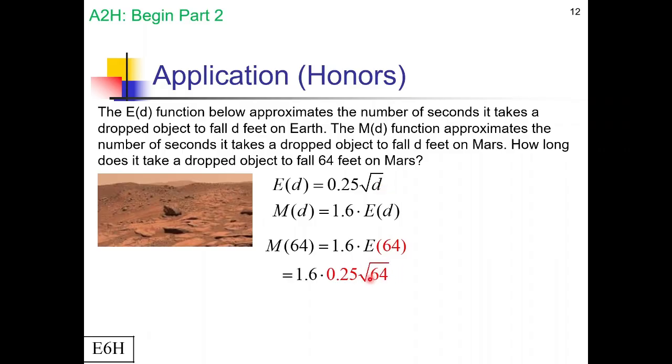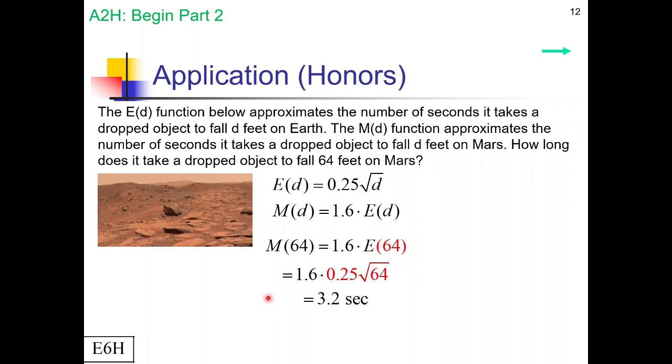All of that. And you actually could do this without a calculator. Square root of 64 is 8. 8 times 0.25 is going to be 2. 2 is a quarter of 8. And then 2 times 1.6 gives us 3.2. So apparently it takes 3.2 seconds to fall 64 feet on Mars.